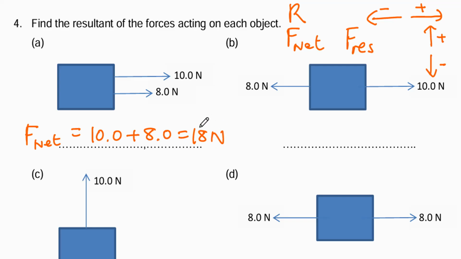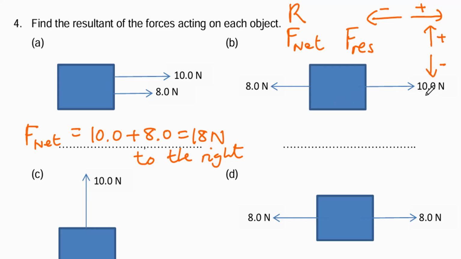Our answer comes out to be positive, so we know the net or resultant force is to the right. So what does this answer mean? It means that if we replace these two vectors, these two forces, with a single force of 18 newtons, it will have the same effect as these two forces.